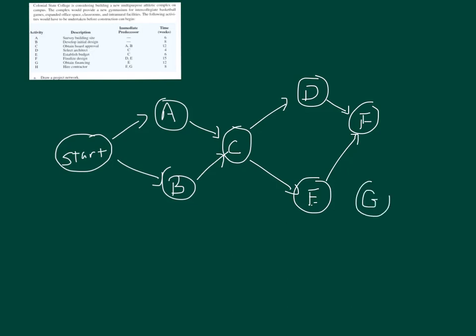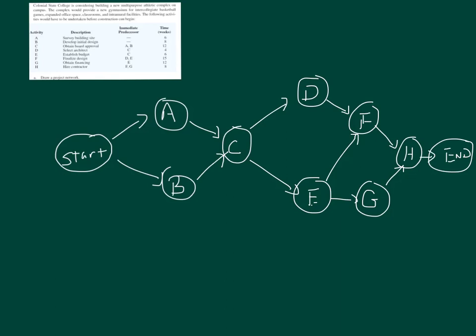And then G can start after E is finished. And then H can happen after F and G are done. And then since I had a start node, I'll have an end node also, which is just H going into it. So that's our project network, our activity on node network.